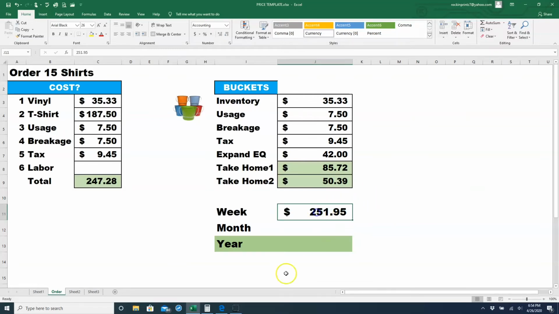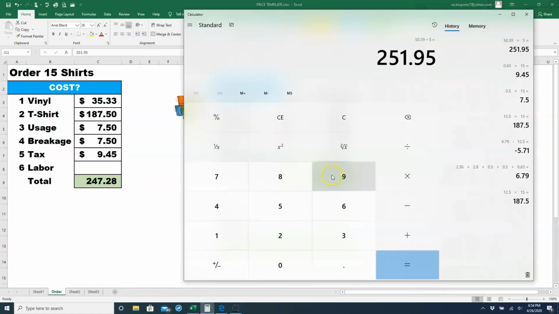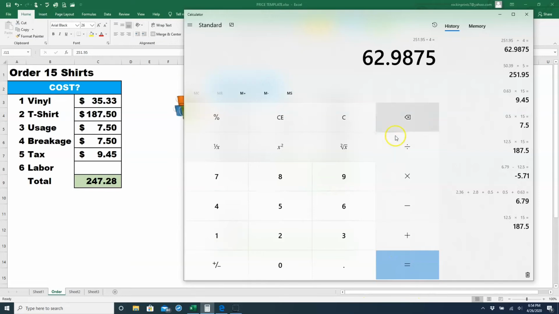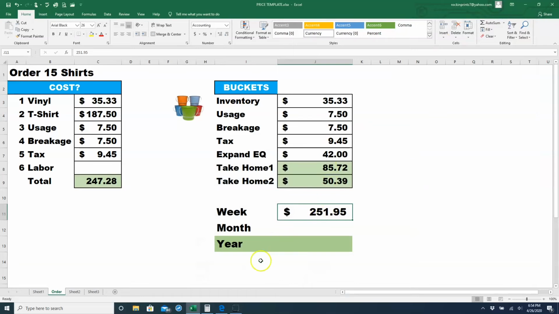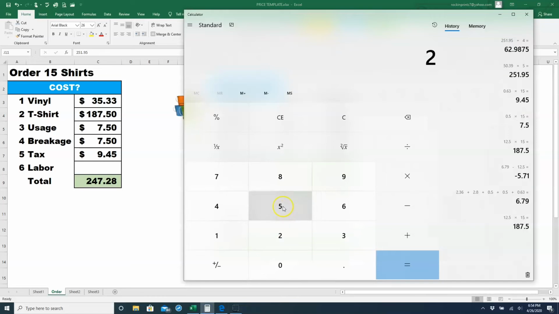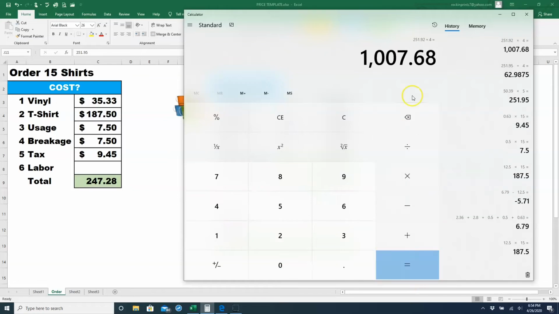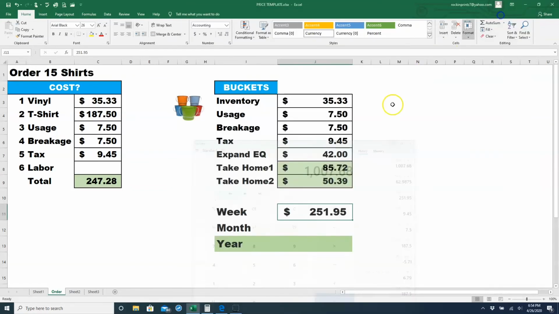All right, let's take that and let's divide it by a month. Multiply it by 4. That comes out to, oops, let's do that again. That's going to be 251.95 times 4. That's 1,768.